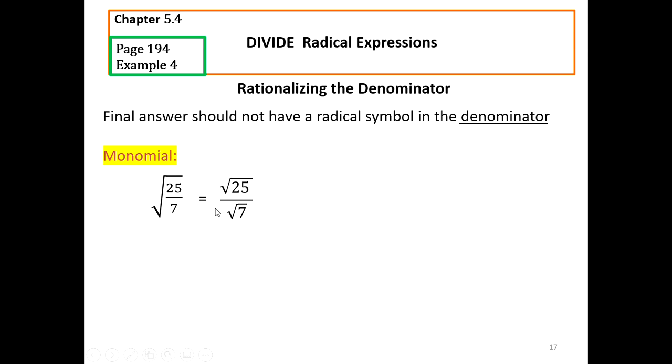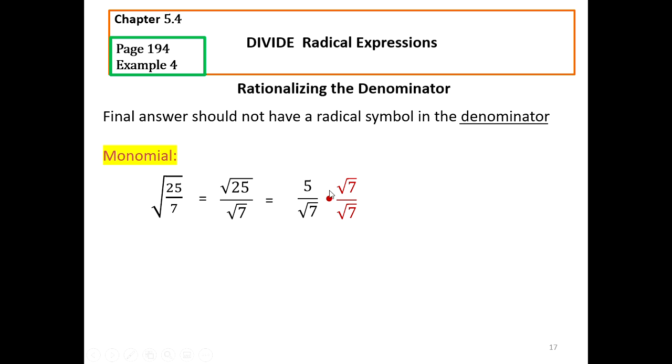Separate the numerator, denominator, take the square root, and now we have as an answer in the denominator a radical symbol, which we cannot have. So in order to do rationalizing the denominator, you take whatever here and you multiply it by itself, and that will remove your radical symbol.